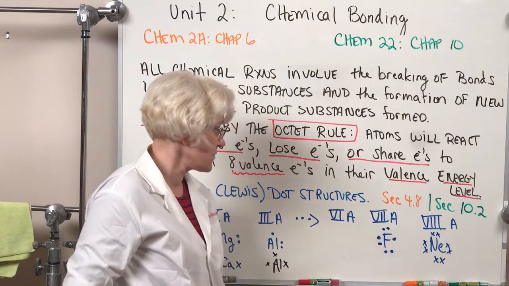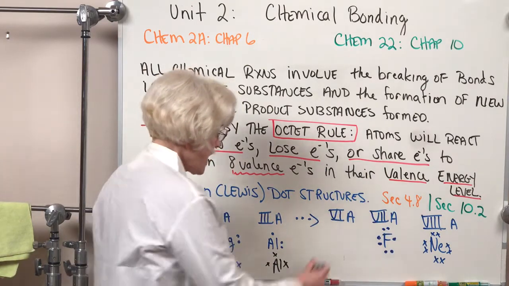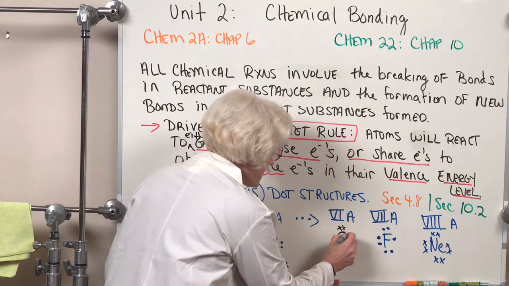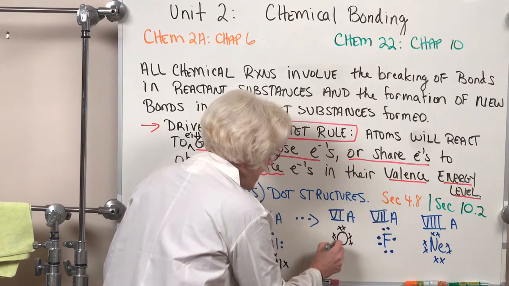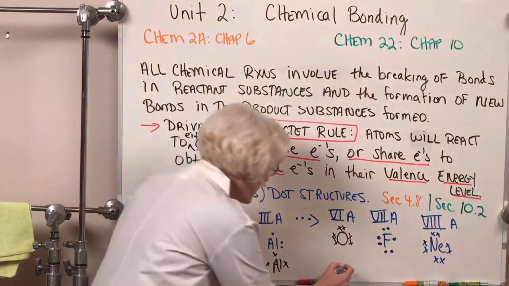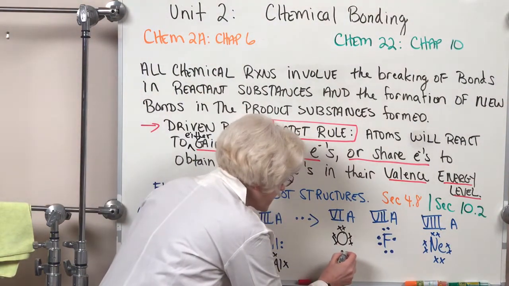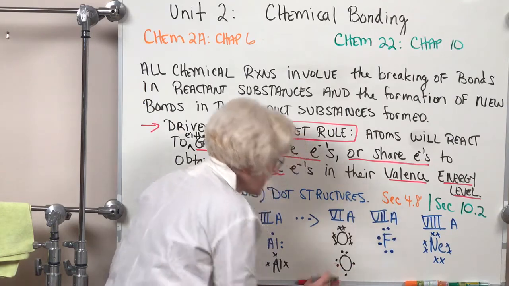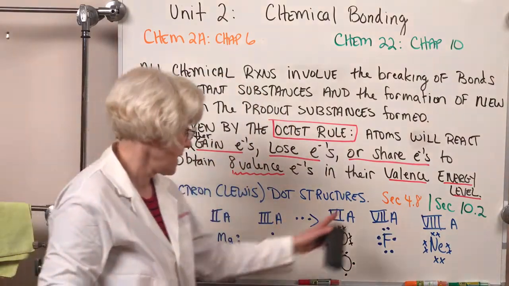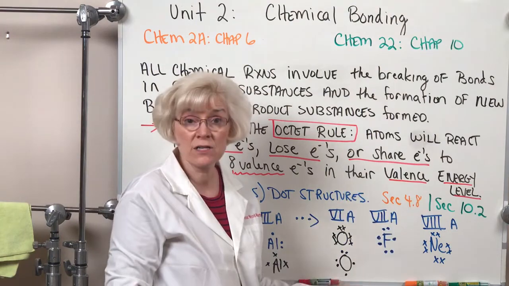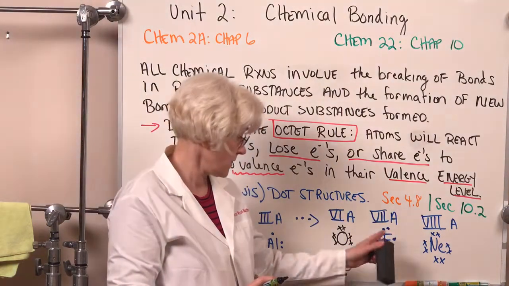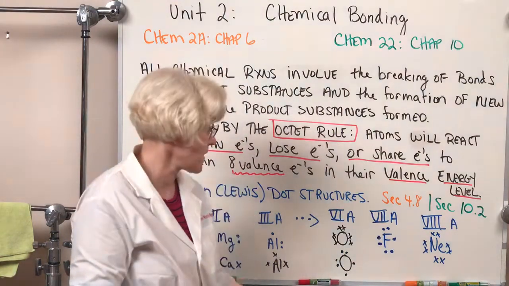Continuing through, I think you see the pattern here for family 6A, the oxygen family, placing 6 valence electrons around oxygen, or I could have used dots and split some of those electrons up, no problem. Family 7A, the halogen family, here's fluorine with 7 valence electrons. It would have been fine to use X's for that.